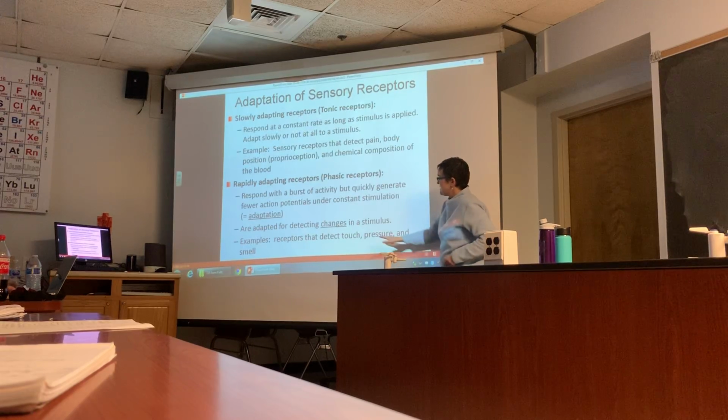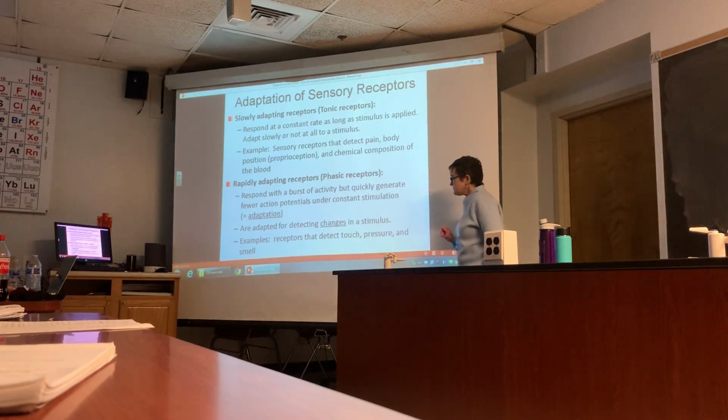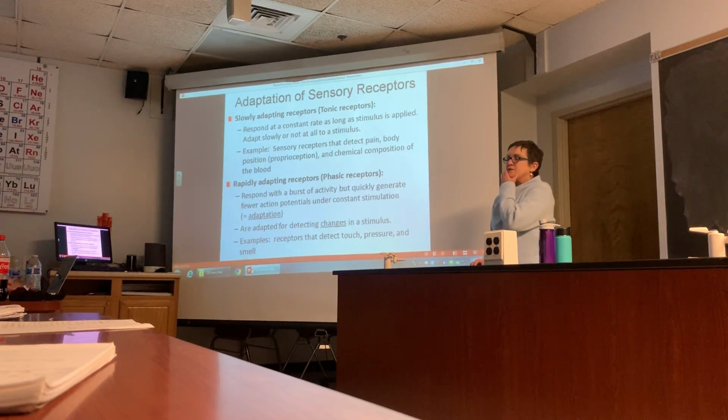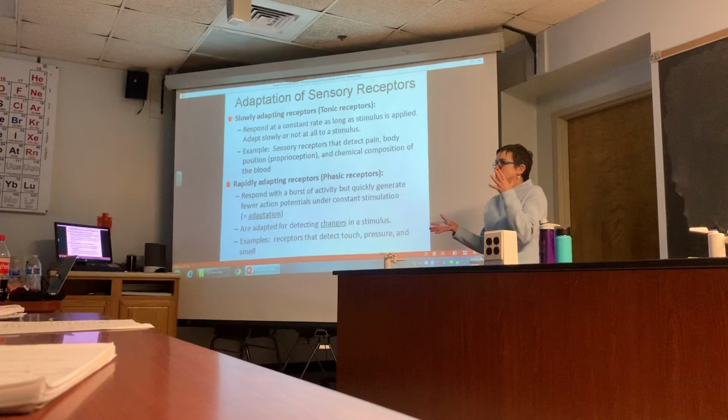A lot of touch receptors, pressure receptors, and smell receptors are that type. Also temperature receptors are rapidly adapting. For example, when you first get into a swimming pool, or the ocean, it feels really cold at first, and then after a while it feels like room temperature or body temperature water. After a while, you don't notice it being cold anymore.